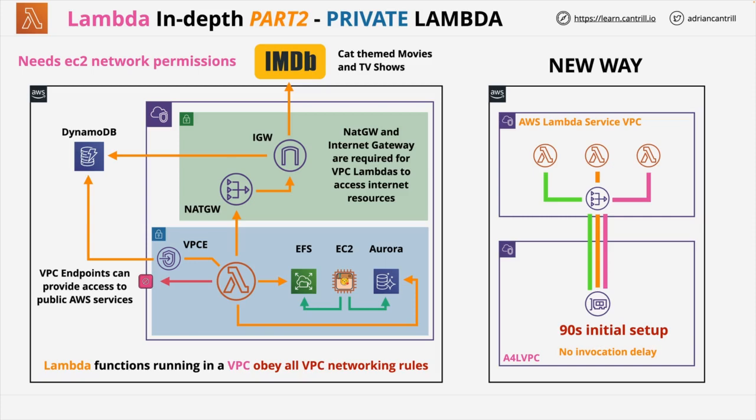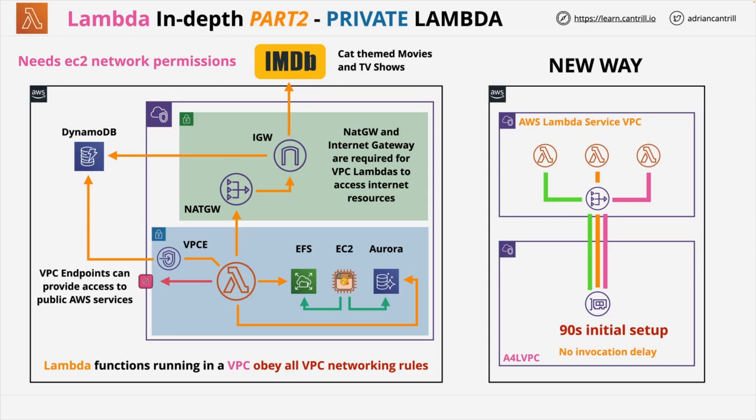Now, this means that you can use private networking at scale without increasing the number of elastic network interfaces required. So where it used to be a bad idea performance-wise to use VPC-based Lambdas, this is no longer the case. So that's networking.